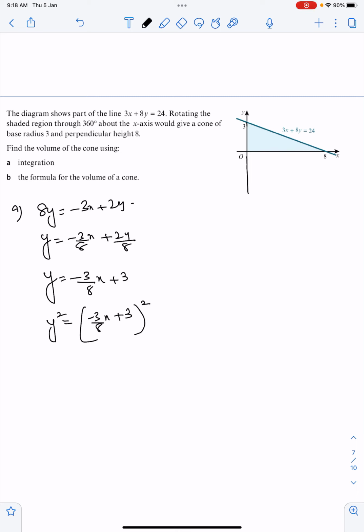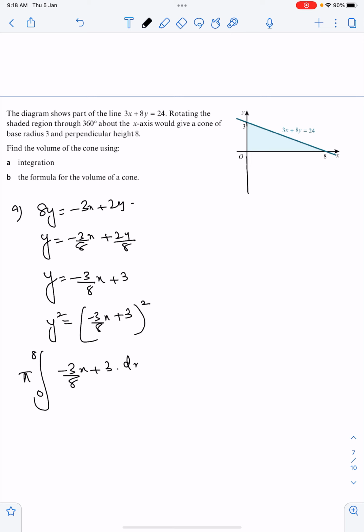Now, since I have already found y square, I am going to integrate this, writing pi outside, negative 3 upon 8 x plus 3, applying the boundaries of 8 and 0, because we are rotating it 360 degrees about the x-axis, so the boundaries of x will be 8 and 0.